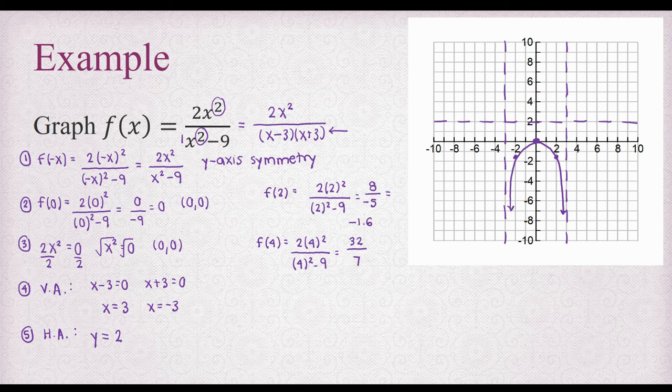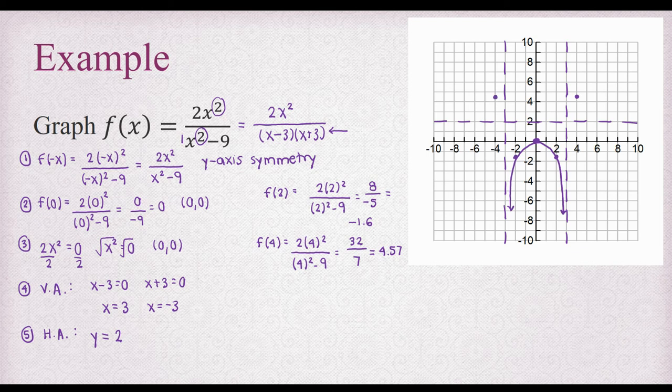So if I divide this, that's going to be approximately 4.57. Okay, so at positive 4, I'm roughly around 4.5, a little bit more than that. So that's about right there. Once again, it's a mirror image. So that means at negative 4, I'm also at that 4.5.